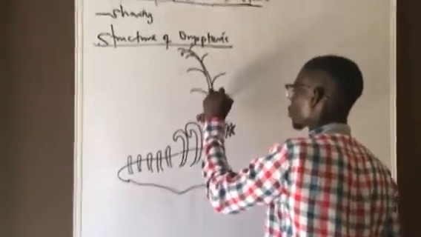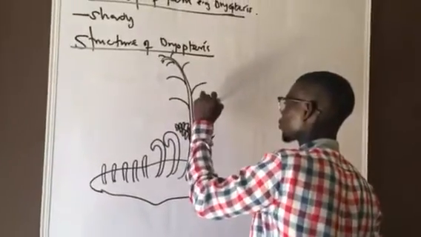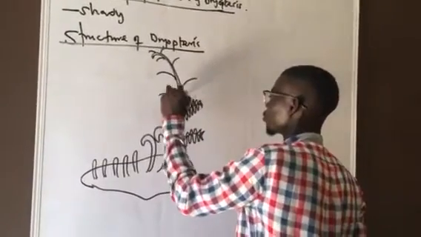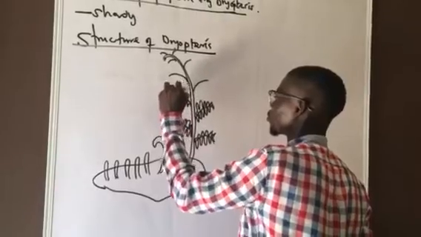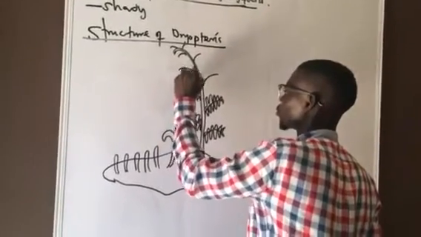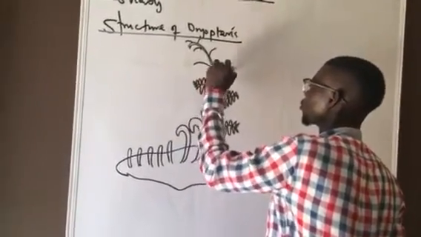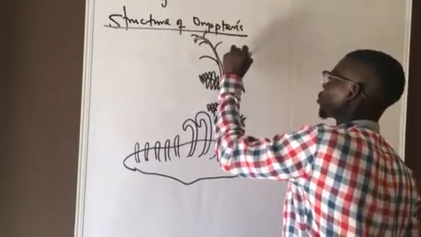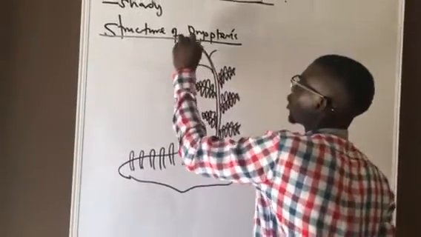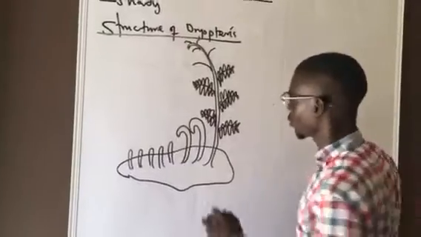So the structure is something like this. So we have a structure like this.